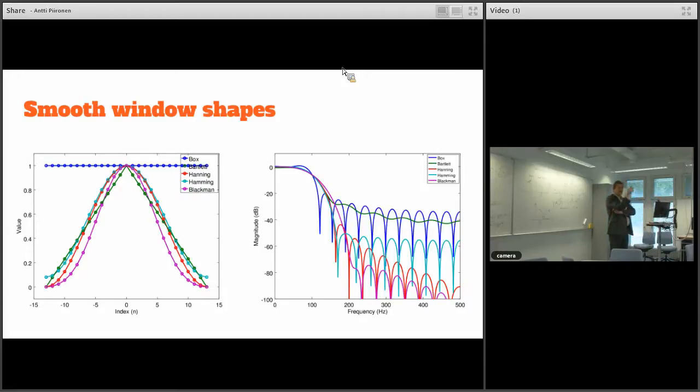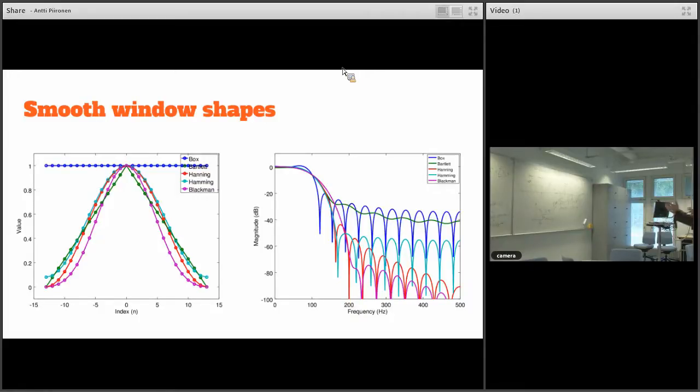On the other hand, you also see the transition bandwidth there. So the transition bandwidth here also changes. The rectangular window has the shortest transition bandwidth. When you go to Blackman, it has the widest transition bandwidth.